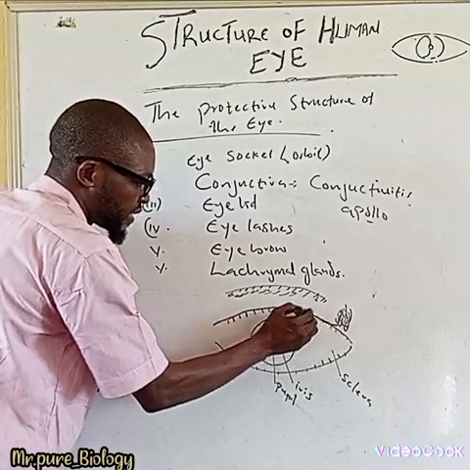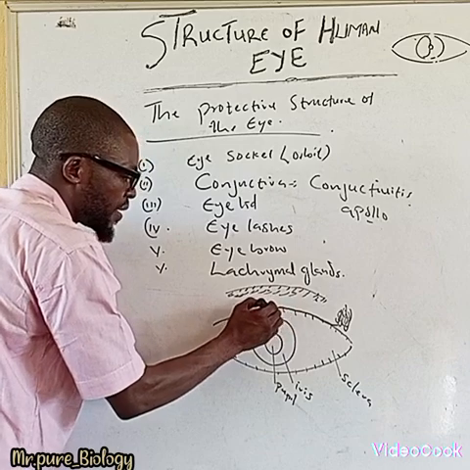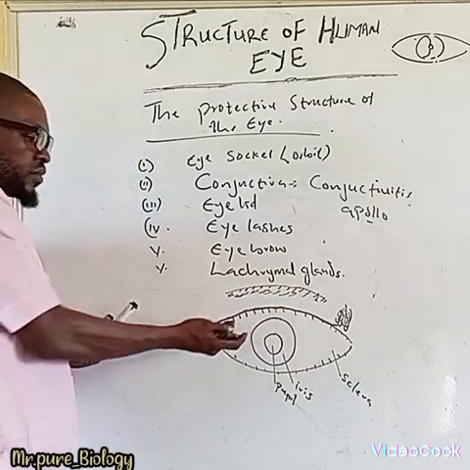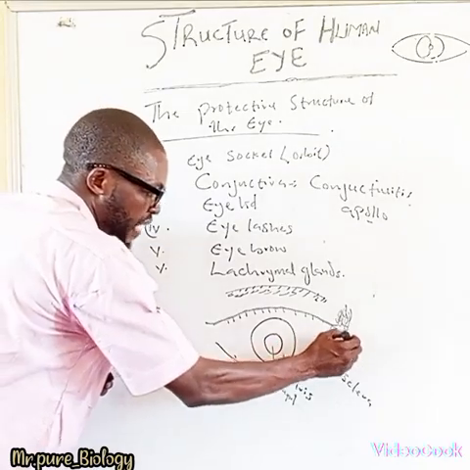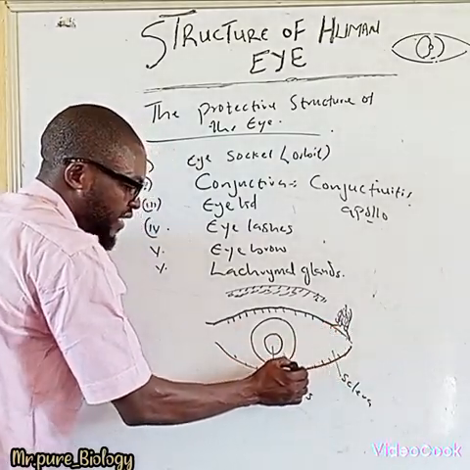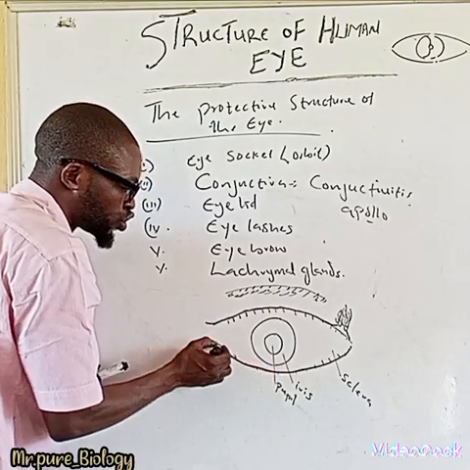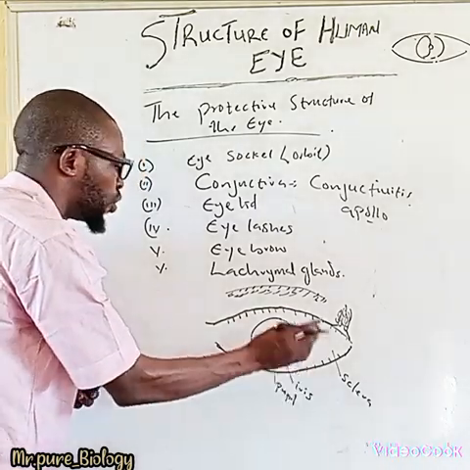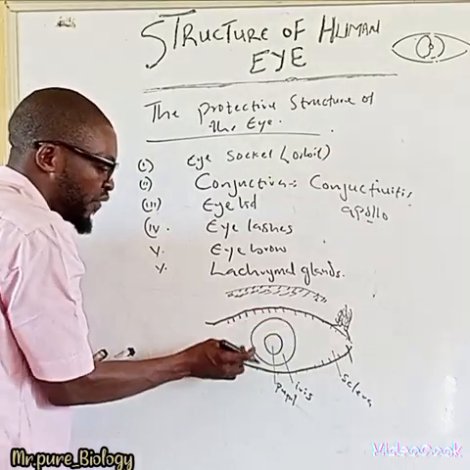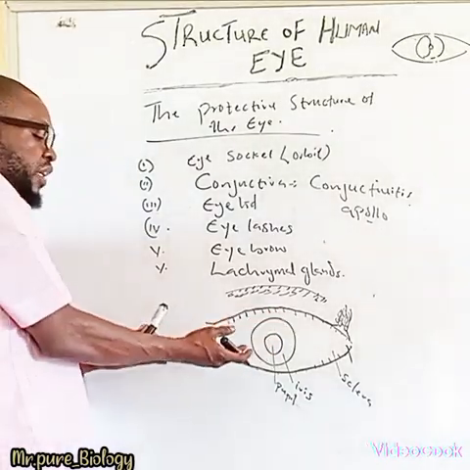This is the tear duct that passes beneath the eyelid. At the same time, we also have another one here that passes through this place. When the tear is being produced, it can just drop anywhere here, any open space. But normally, they don't usually drop at this corner. At times they get to this side before they begin to drop.